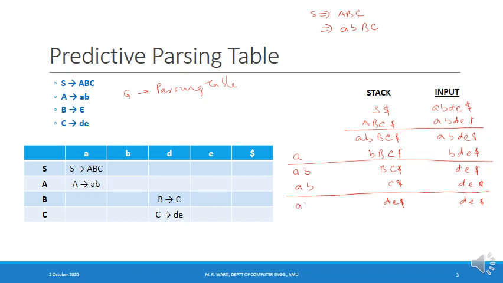This has already been matched, and in the derivation, this capital B was expanded using epsilon, and I obtained this sentential form. And now this capital C has been expanded using the production DE, and I obtain the given string, and this is the sentential form.